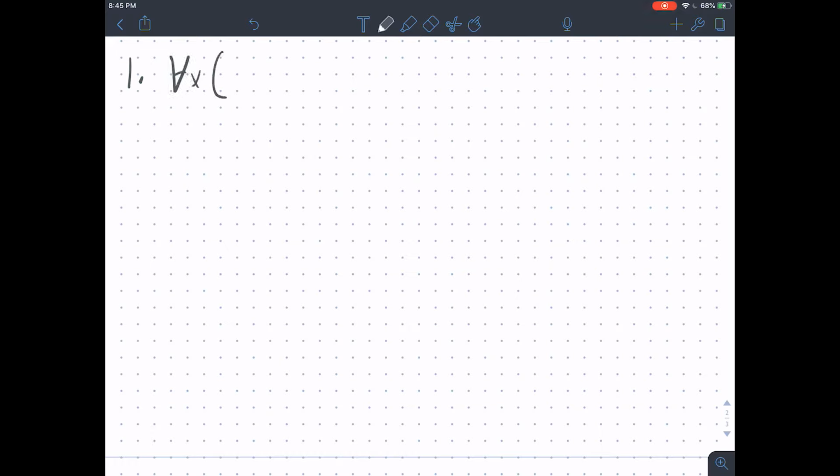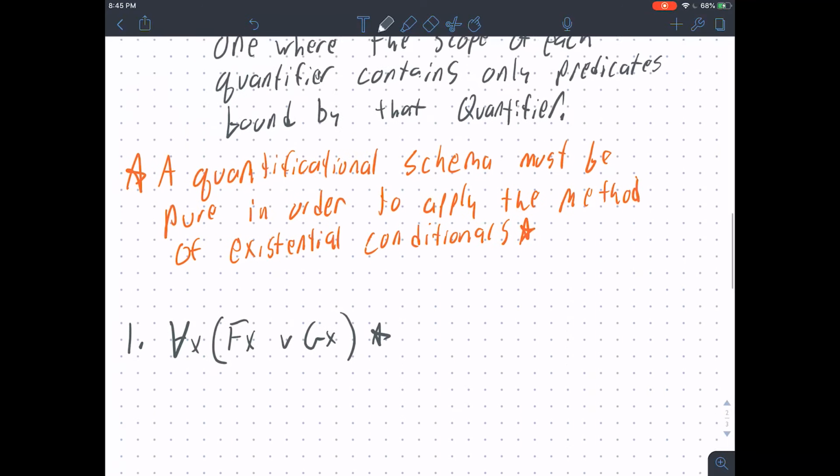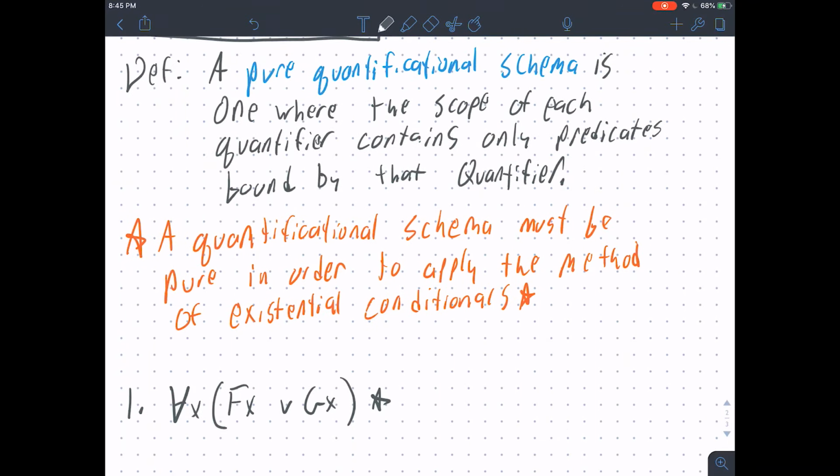So this is just one simple example. We only have one quantifier. Look at the definition. Every, that's supposed to say predicates with variables. Sorry, my bad, I forgot to write that, because quantifiers don't bind predicates, they bind variables.